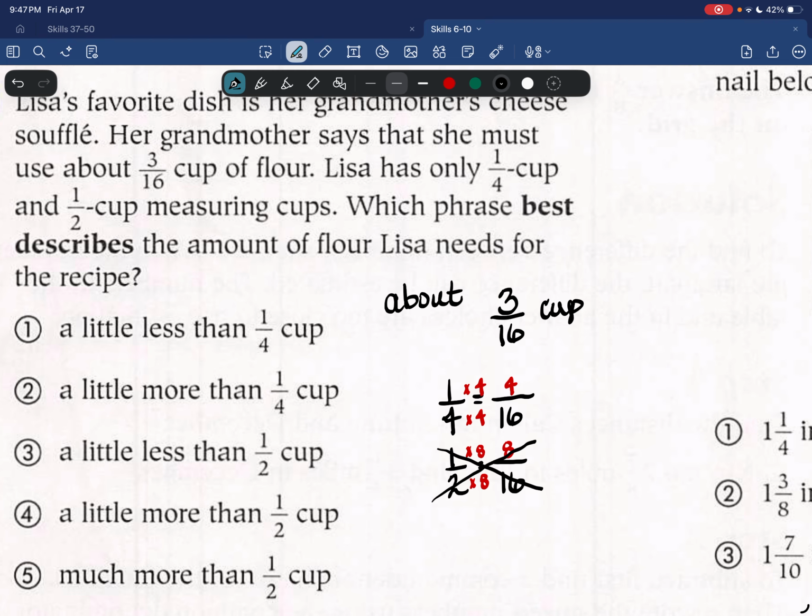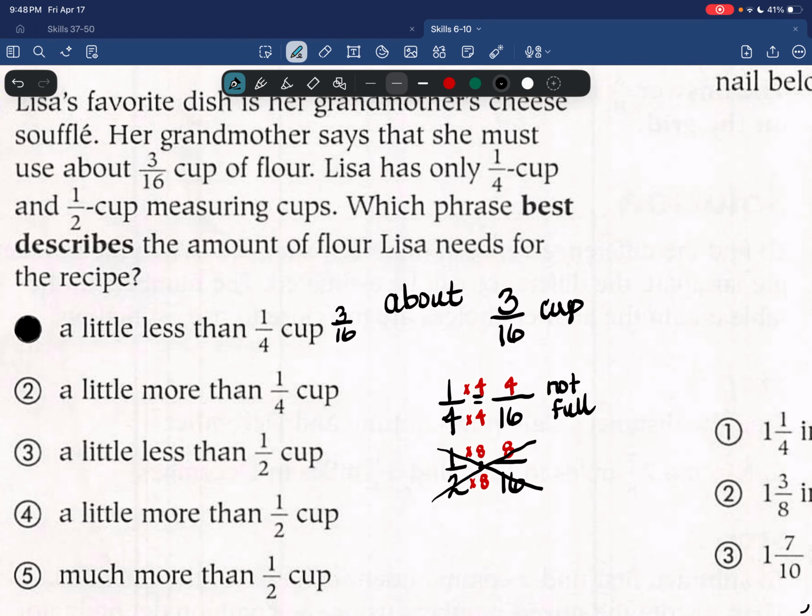So if she has 4/16 in a measuring cup, does she want a full 4/16? She does not want this to be full. She needs 3/16, which is just a little bit shy, a little bit less than 4/16. So I'm going to go with number 1. She needs to use the 1/4 cup, and she does not want to fill it. She needs to keep it below 4/16, so this would be 3/16.